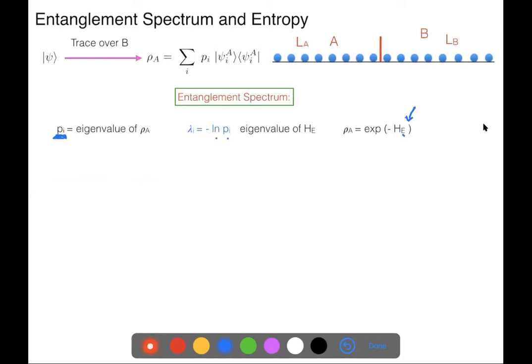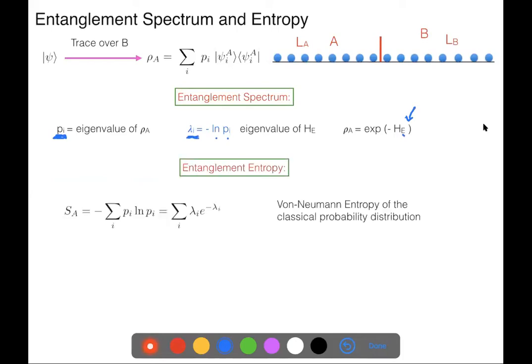That object is called the entanglement spectrum. So take all the eigenvalues of the reduced density matrix, take the log, take a minus sign, and that is the entanglement spectrum. If you take this classical distribution and calculate its von Neumann entropy, that's called the entanglement entropy.